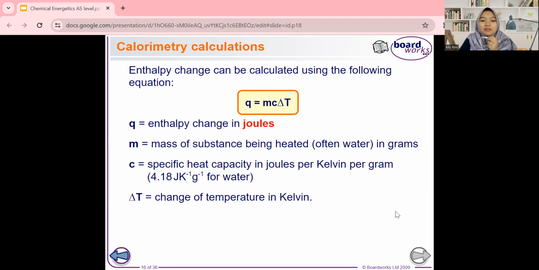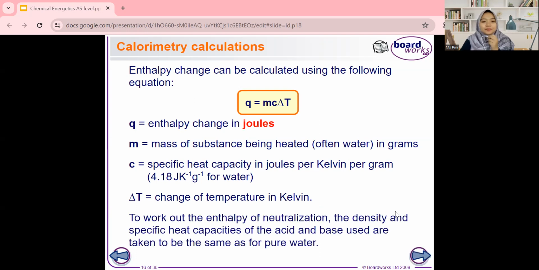C is the specific heat capacity in joules per Kelvin per gram, and for water the number is 4.18 joules per Kelvin per gram. And delta T is the change of temperature in Kelvin. To work out the enthalpy of neutralization, the density and the specific heat capacities of the acid and base used are taken to be the same as pure water.